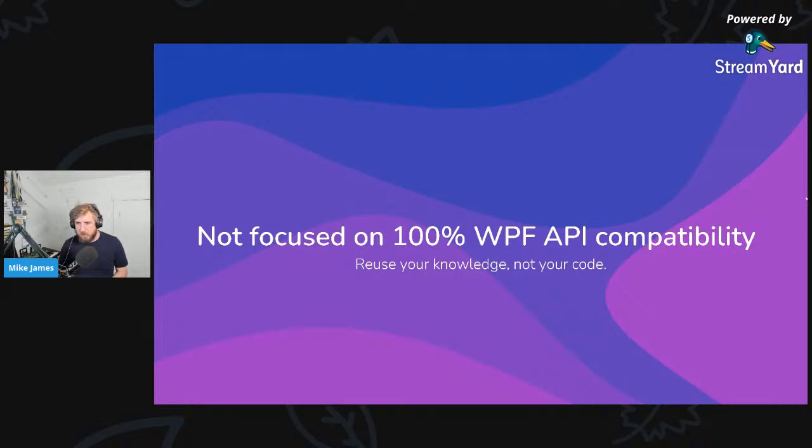So because Uno is focused on this API compatibility with UWP, they have to follow that religiously, and they can't really break away and make changes where it makes sense.